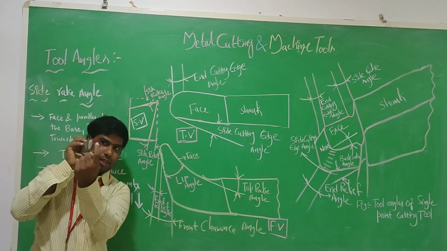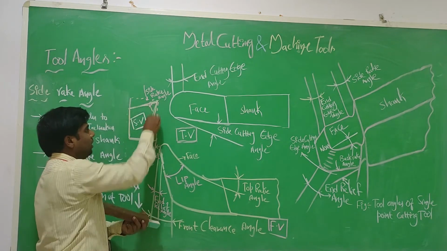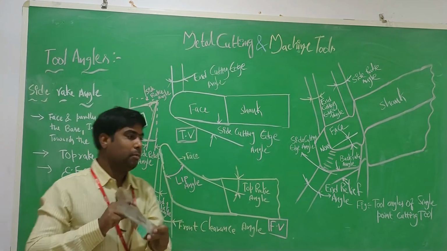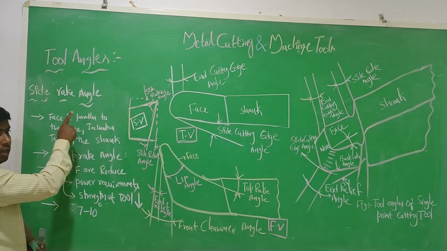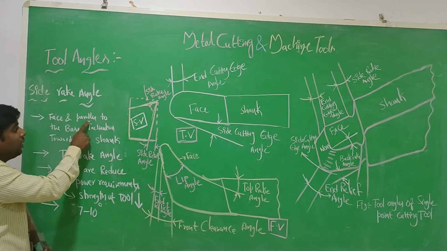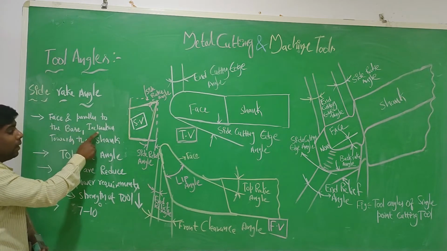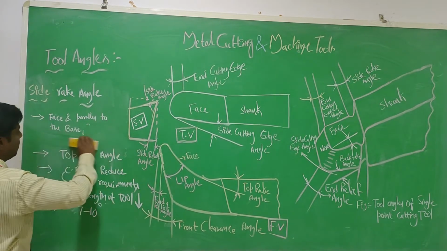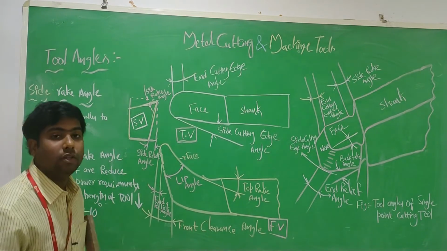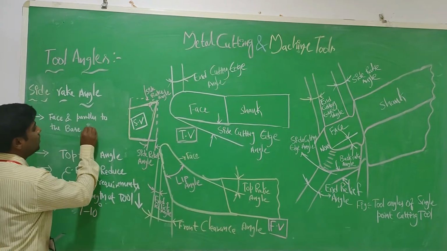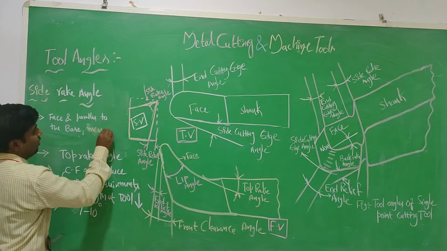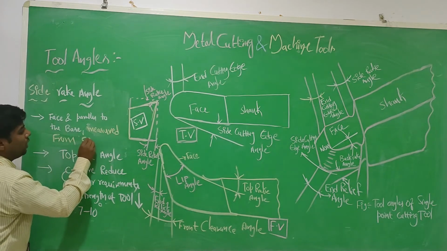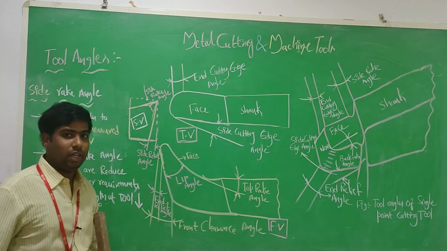This is the front shape, right? The angle between the face of the tool and the plane parallel to the base, this angle should be measured from the side view of the cutting tool only.